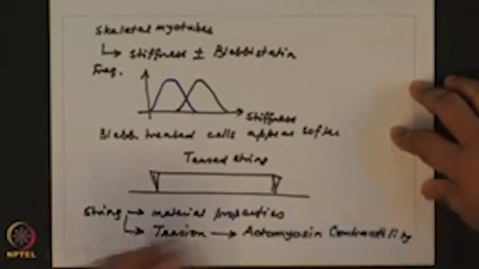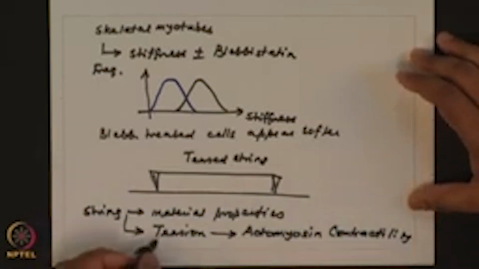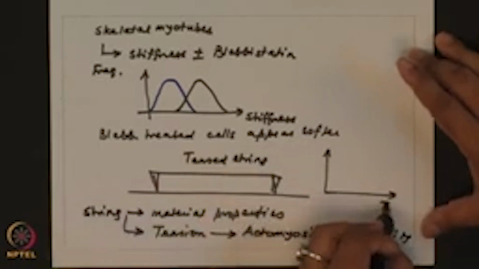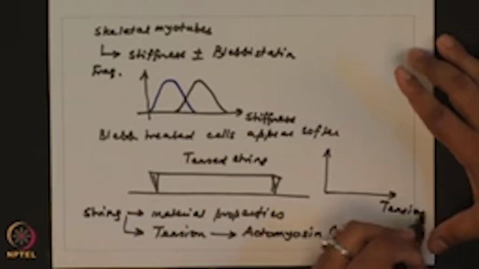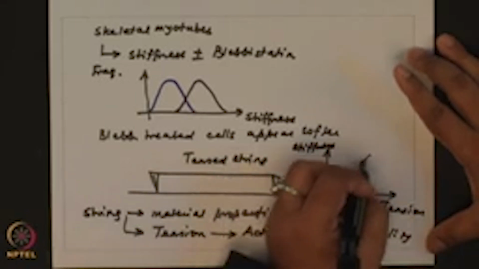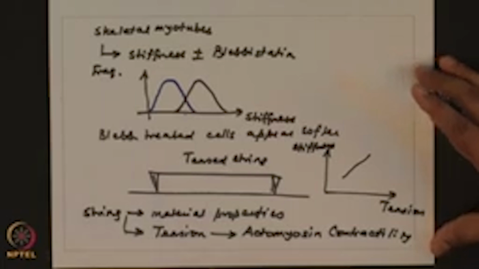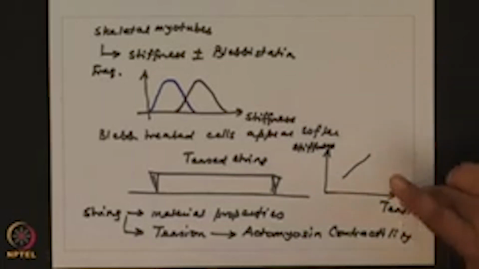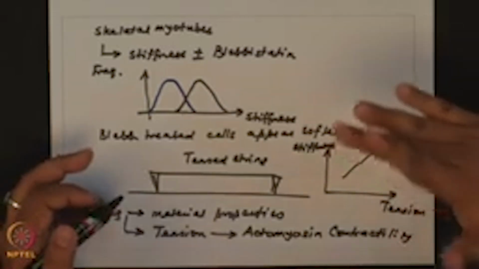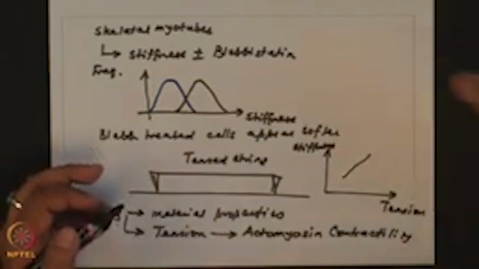So if I relate the tension to the overall stiffness that you measure, this should be a straight line. The greater the tension you impose, if you pull the string and then try to deform it, you need extra force to deform it.